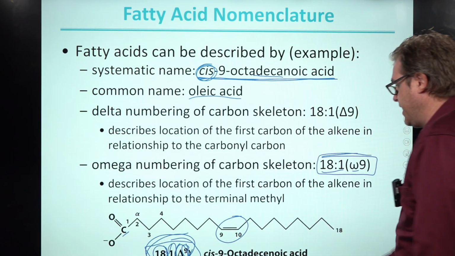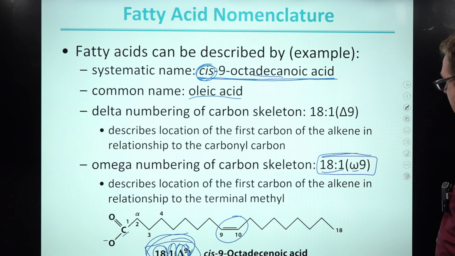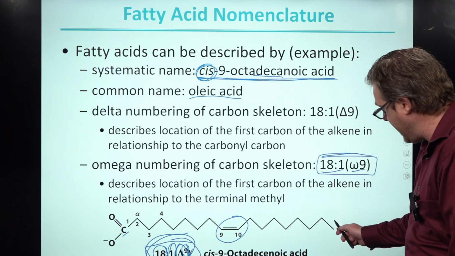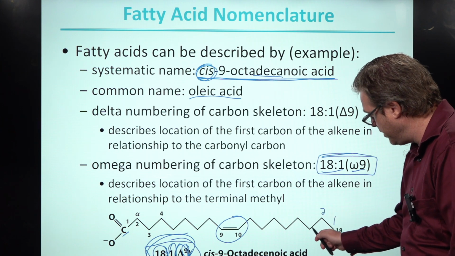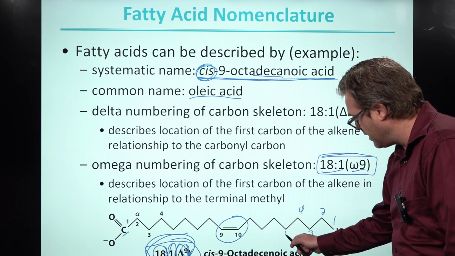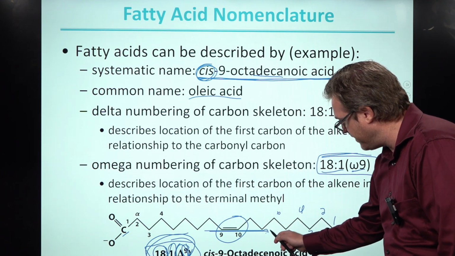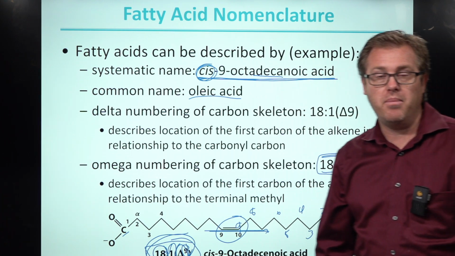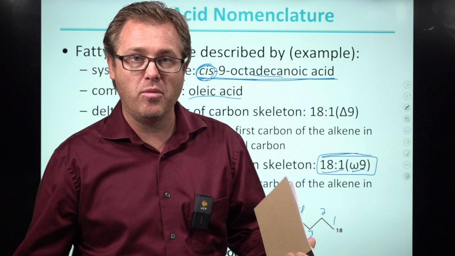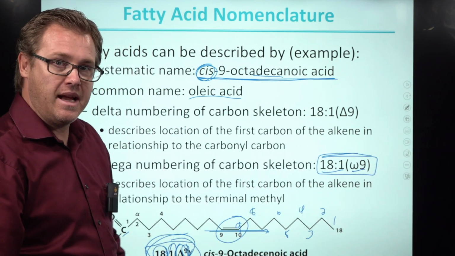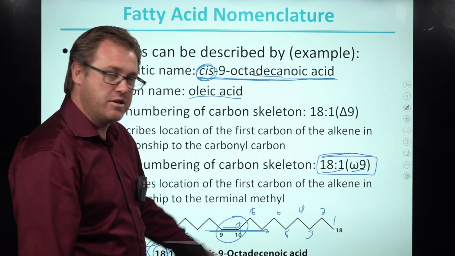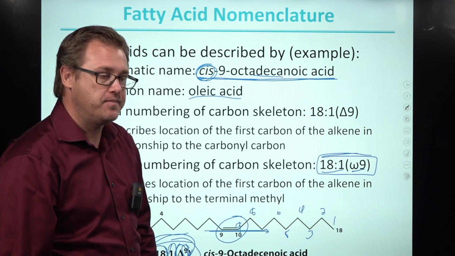This particular fatty acid is an omega-9 fatty acid, because we now count from the opposite end: 1, 2, 3, 4, 5, 6, 7, 8, 9. We bump into the double bond 9 carbons in from the end. The numbering scheme is now just different with that omega.